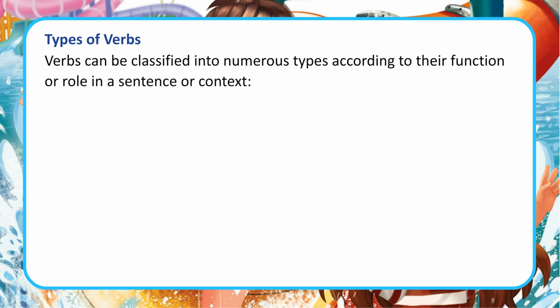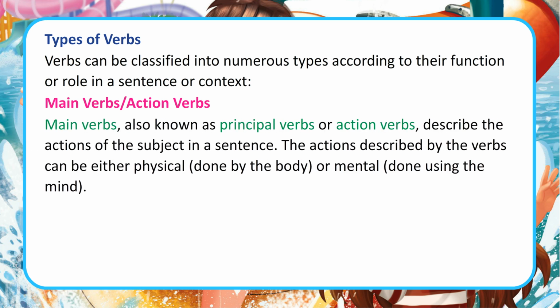Types of verbs. Verbs can be classified into numerous types according to their function or role in a sentence or context. Main verbs/action verbs. Main verbs, also known as principal verbs or action verbs, describe the actions of the subject in a sentence.